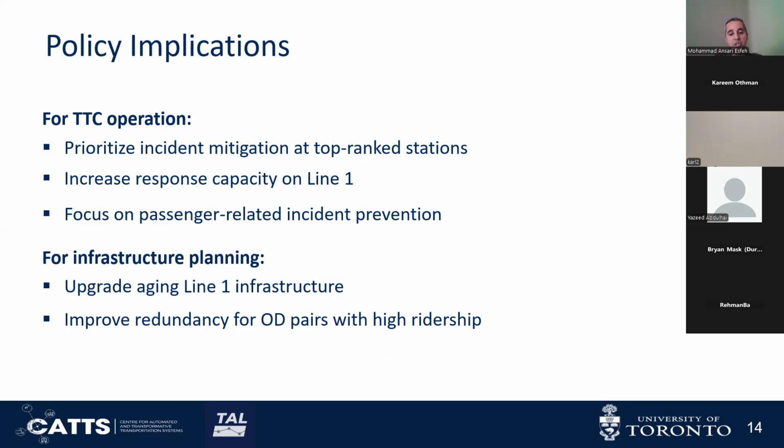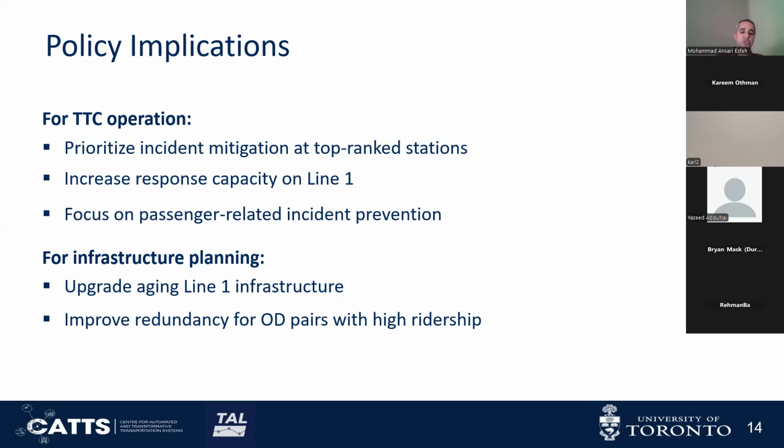Also, since passenger-related incidents account for a large fraction of delays, there is a need for measures that reduce their frequency and improve response time, whether through staffing, platform management, or faster emergency responses.